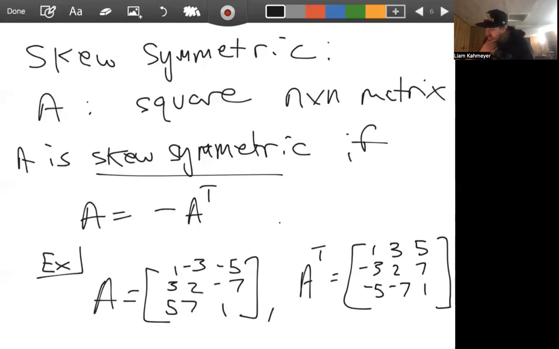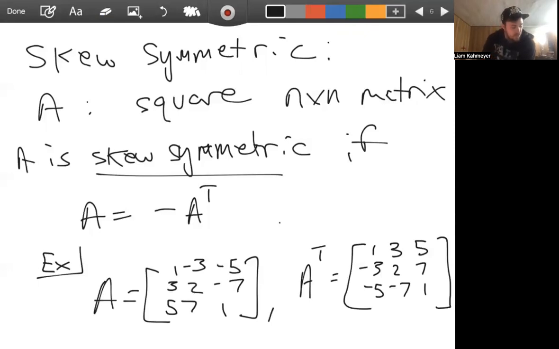And you can see here, if you were to multiply the matrix A by -1, you would get exactly A transpose. So this is an example of a matrix that's skew symmetric.